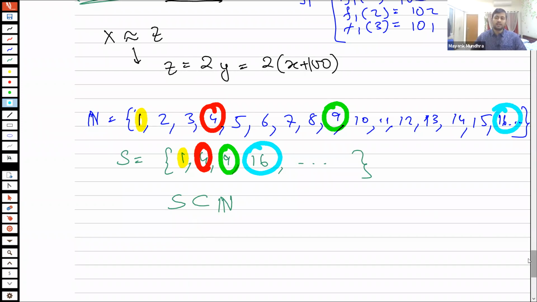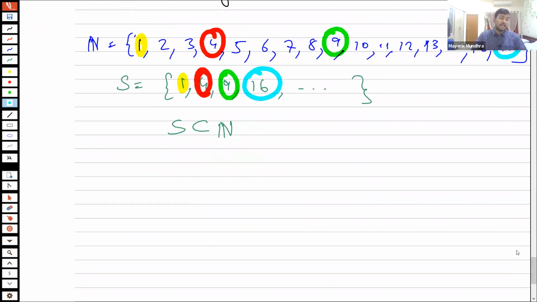So herein came the interesting debate which raged, as to which of these sets is larger. Now, the obvious answer is that the set N is larger because it properly contains the set S. But then the confusing thing is that these are both infinite. How do you say that one infinity is greater than the other infinity? How do you compare the size of two infinities? That became the problem. You cannot compare infinities like you compare finite sets.